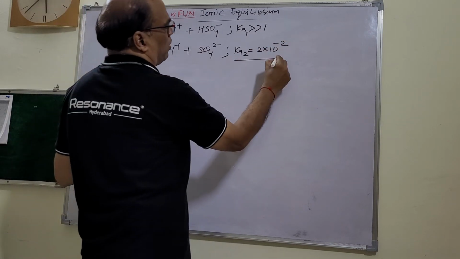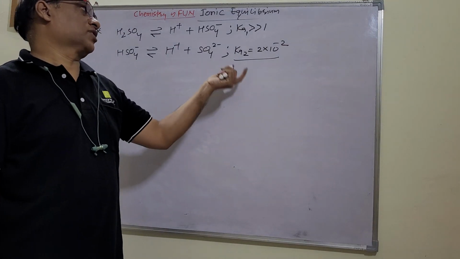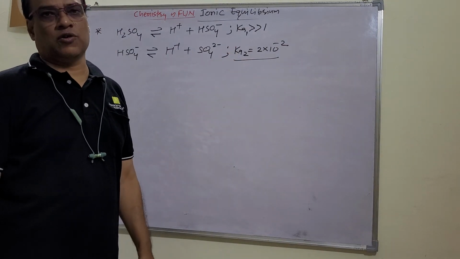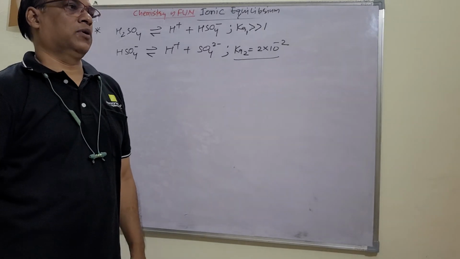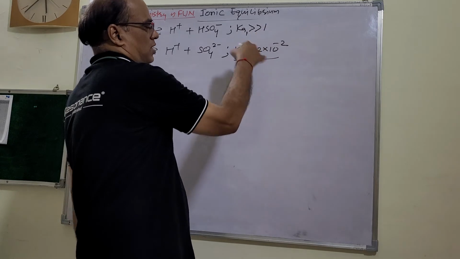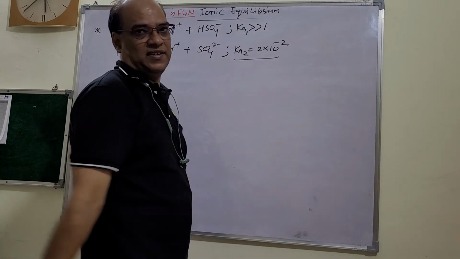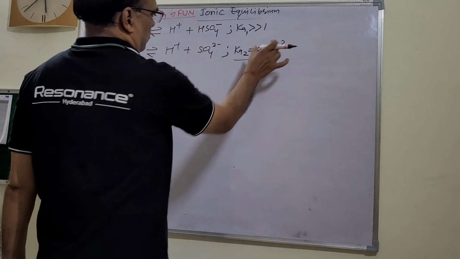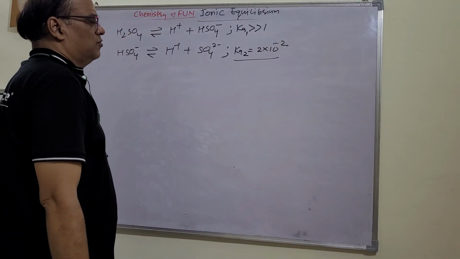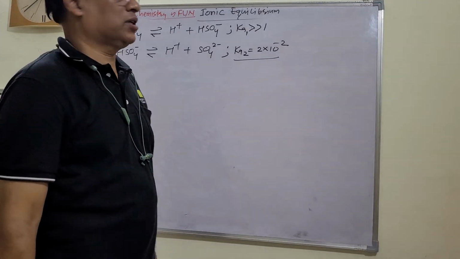So it could be a problem in advanced, but sometimes it could be a problem in main also, because some difficult question may be asked. If they give this constant, then we have to consider it. If this constant is not given, we can neglect this. It is a very limiting case, and a limiting case always requires quadratic equation calculation.